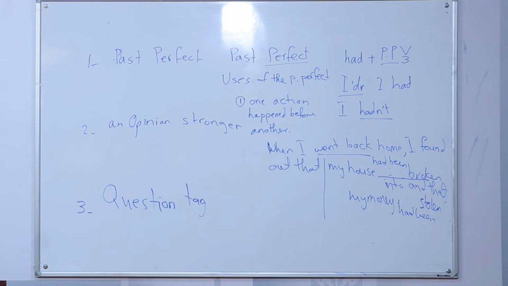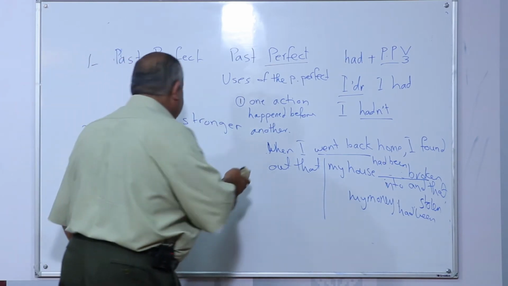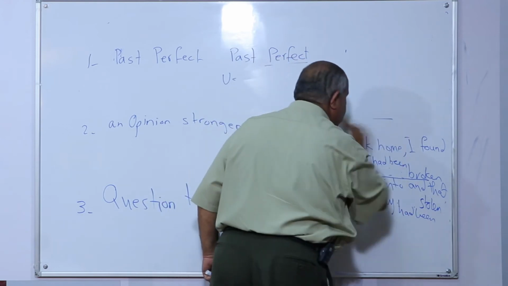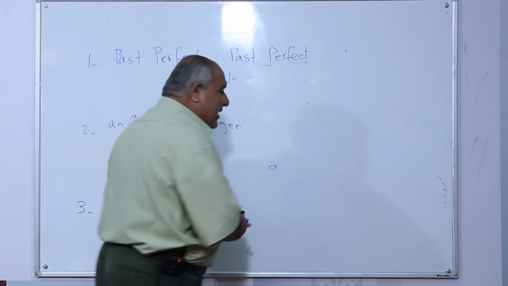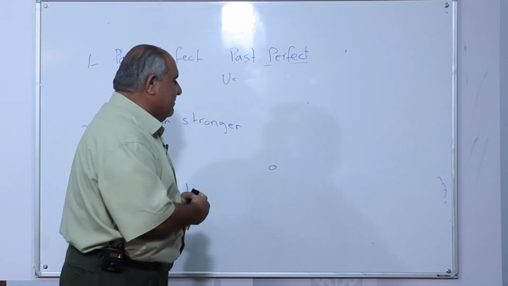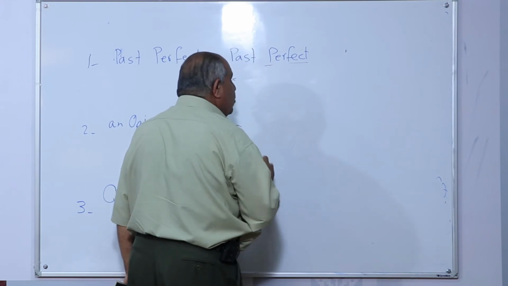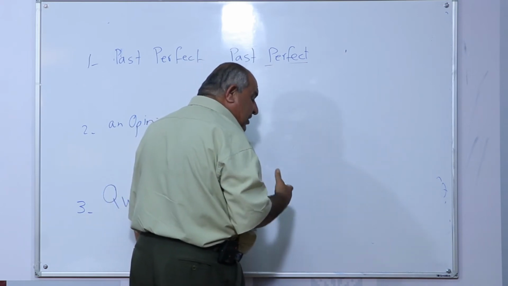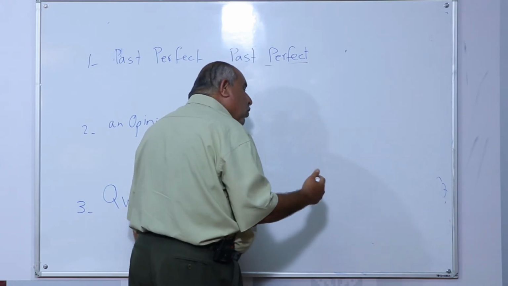The second use: at the time we use the past simple tense to show actions in a chronological order, that is, actions that are arranged in sequence, one after the other according to time.